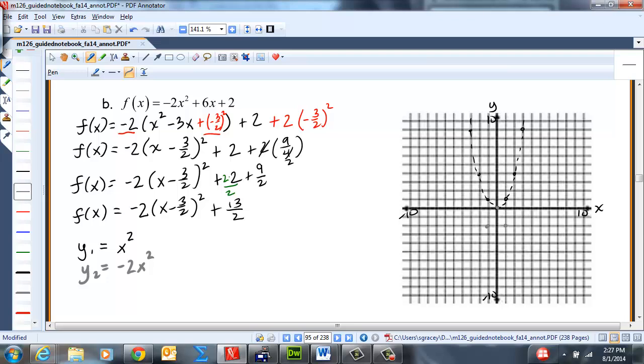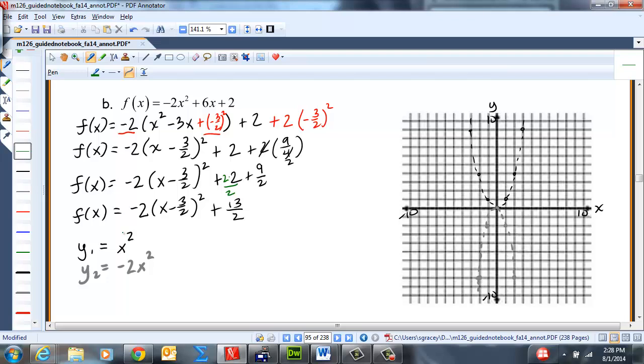And then this one, instead of at 2, 4, you'll be at 2, negative 8. And then by symmetry, you're over here. So you've got that shift.